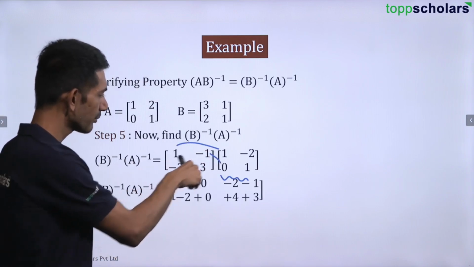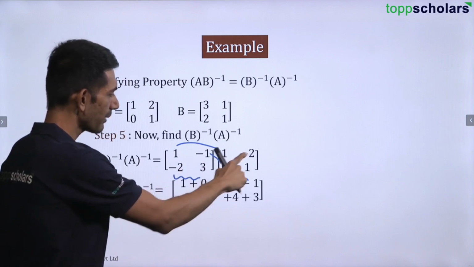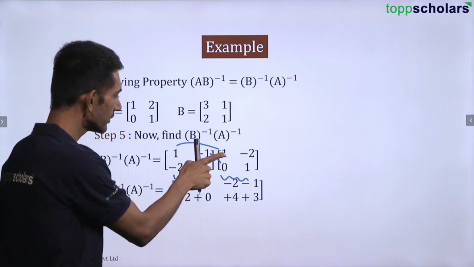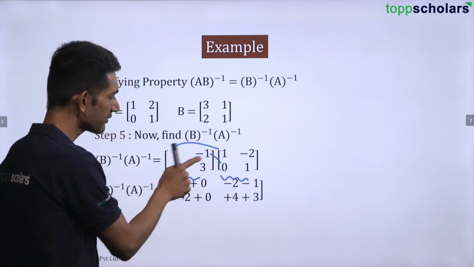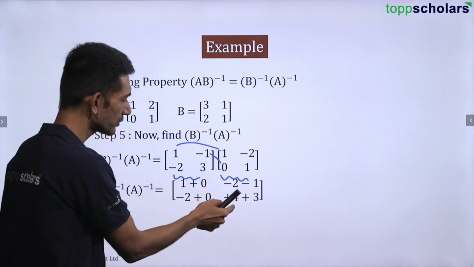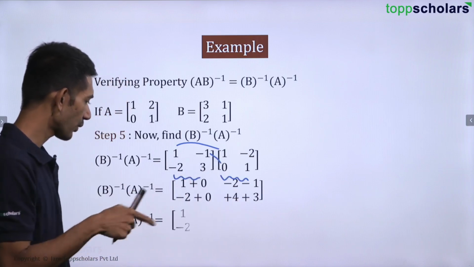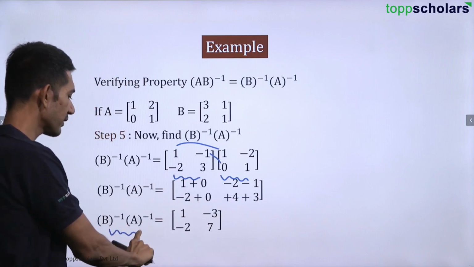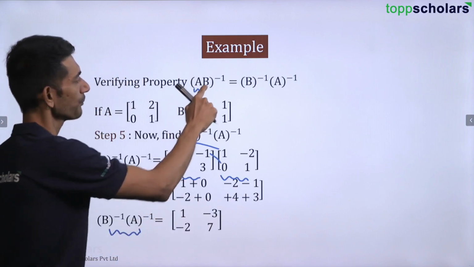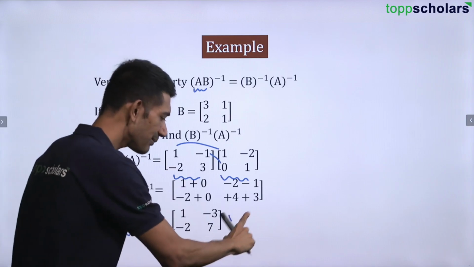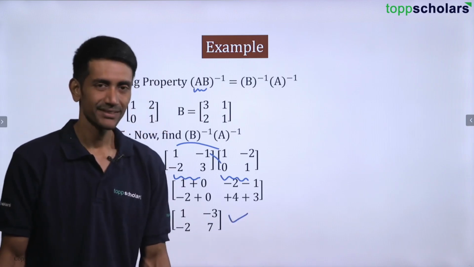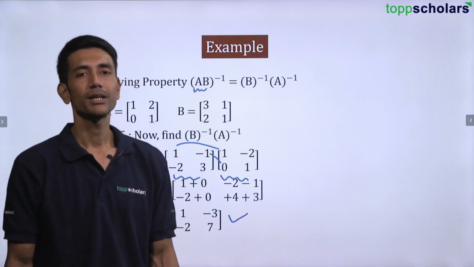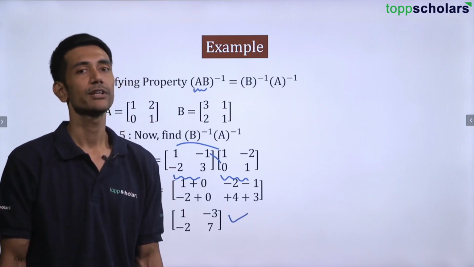So this is 1 plus 0, then minus 2, minus 1, then we have minus 2 plus 0, and then minus 2 is 4, and plus 3. So what is the final answer? [1, minus 3, minus 2, 7]. This is B inverse A inverse. But what was AB inverse? If you recall, it was also this. Yes. So we can say that (AB) inverse is equal to B inverse multiplied by A inverse. I hope this is clear to all of you.